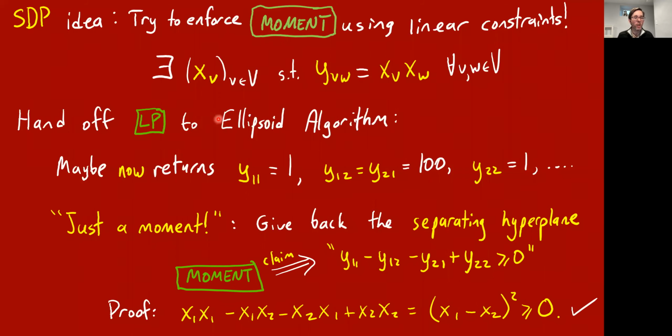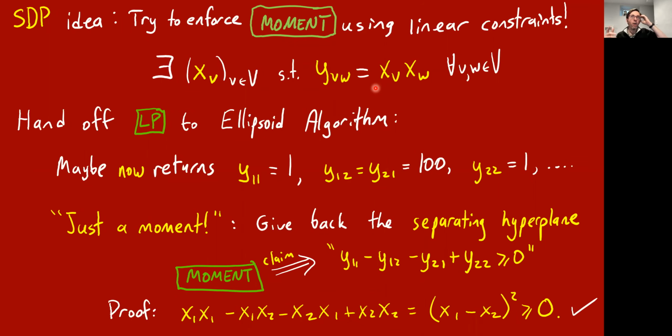I'm getting a question: could you re-explain the moment constraint? The moment constraint is some kind of constraint on a collection of variables called yvw. You have one variable for each pair of vertices in the original graph. And the constraint on this collection of y's is that there should exist a collection of real numbers xv, one for each vertex v in the graph, such that yvw is equal to xv times xw.